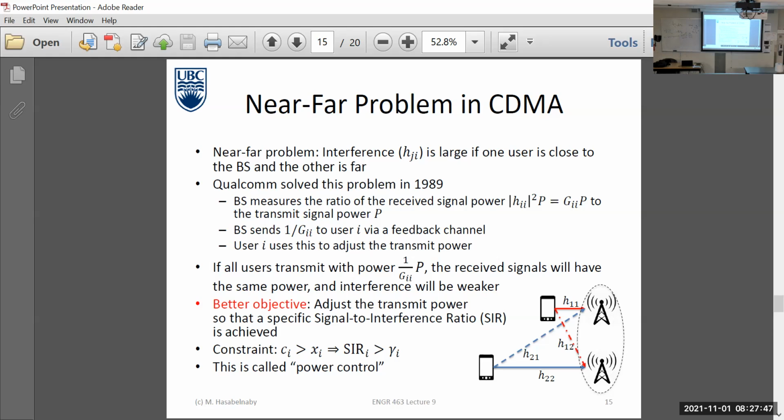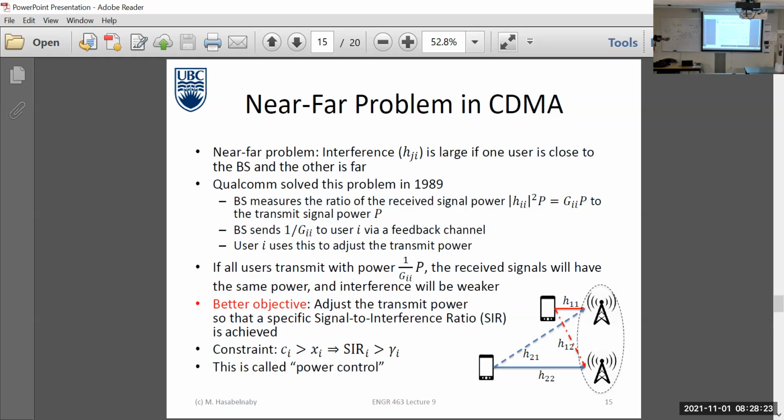Okay, what will we do? We want to decode the signal X2. We will multiply the received signal Y1 by S2 transpose. Here we will obtain H21 X2 plus Z1 multiplied by S2 transpose, and here we have some factor.